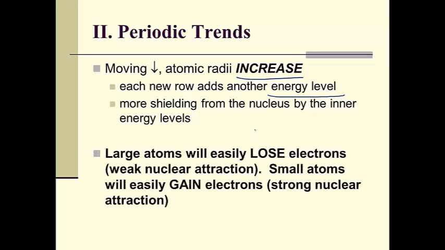Now, remember this. Large atoms will easily lose electrons. The reason why they're large is you have weak attractions to the nucleus. Small atoms will easily gain electrons. The reason why they're small is because they have a strong attractive force between the nucleus and the valence electrons.